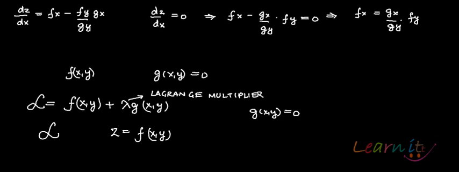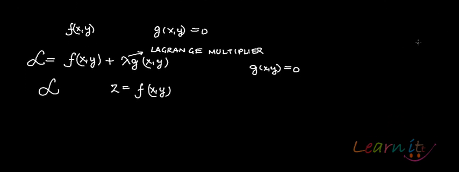What you will try to do is find out 3 partial derivatives, one for each variable and one for the constraint. So you have del L by del x as fx plus lambda gx equals to 0.